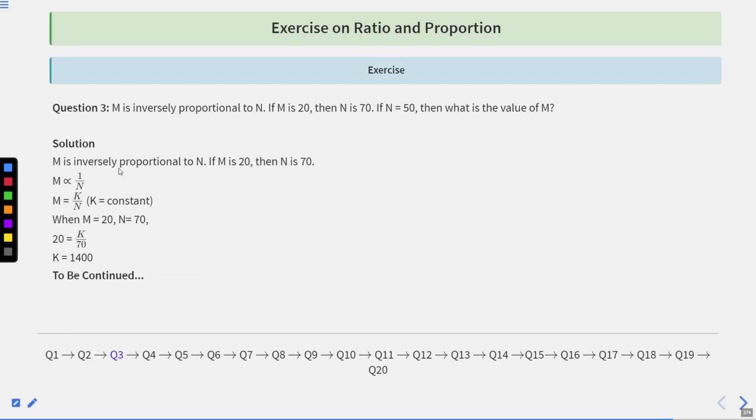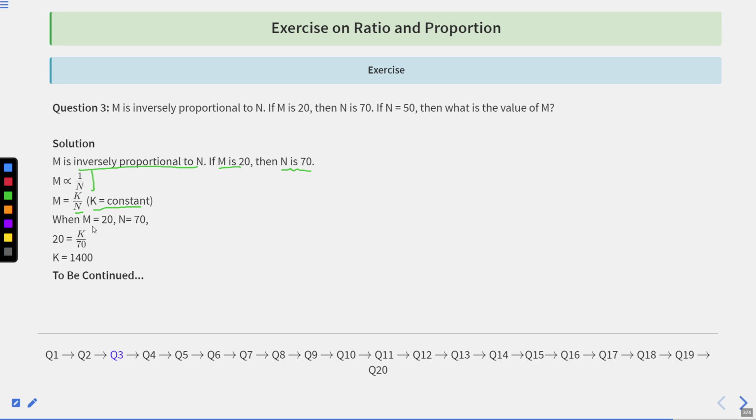Here in this question, it says m is inversely proportional to n, and if m is 20, then n is given to be 70. When we say it is inversely proportional, we write m proportional to 1 upon n. When we remove the proportionality sign, we will have m equal to k upon n, where k is some constant.